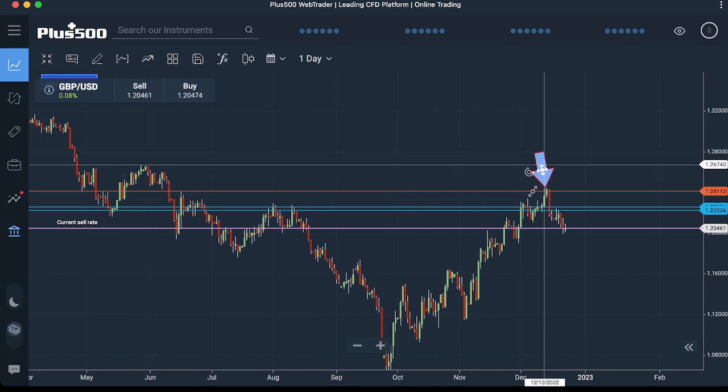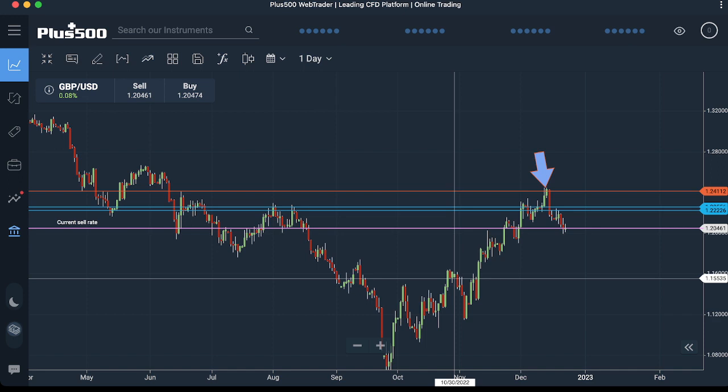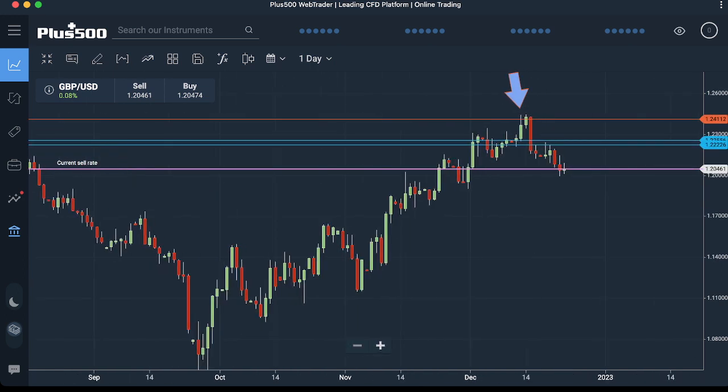Okay, the daily candle, you can see, got rejected from that weekly level, and 1, 2, and 3 days to the downside, and it broke this short-term low.